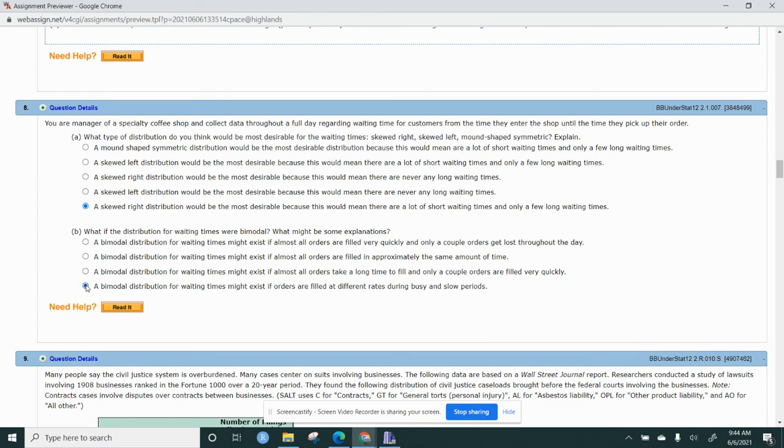So this is the answer. A binomial distribution for waiting times might exist if orders are filled at different rates during busy and slow periods. And that happens a lot. You can see it in fast food where you have a lot of people during the lunch rush and the dinner rush, but not a lot of people in the other times.